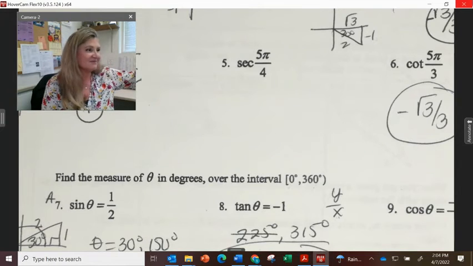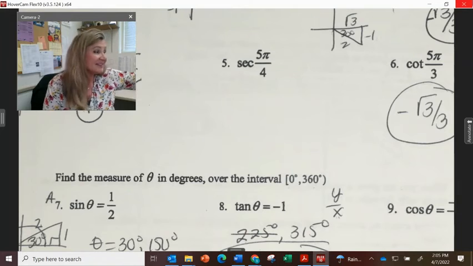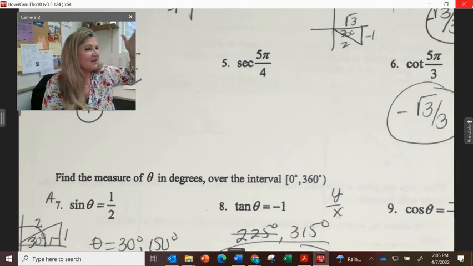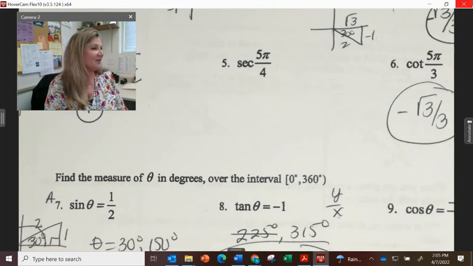Visualize the triangle, guys. 1/2. If you know the sine of 30 degrees is 1/2, you should know the sine of 60 degrees has to be what? Radical 3/2. Okay? Start making these connections as you're working on the homework.